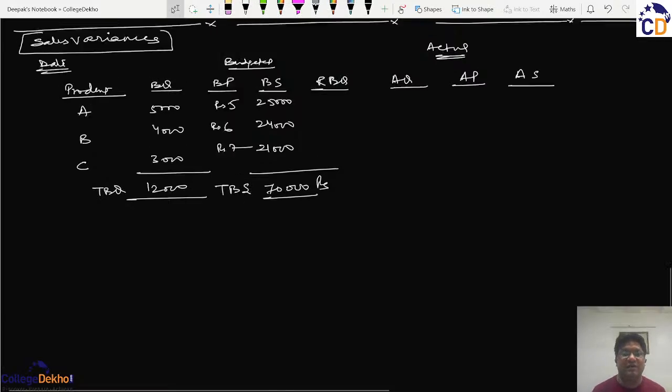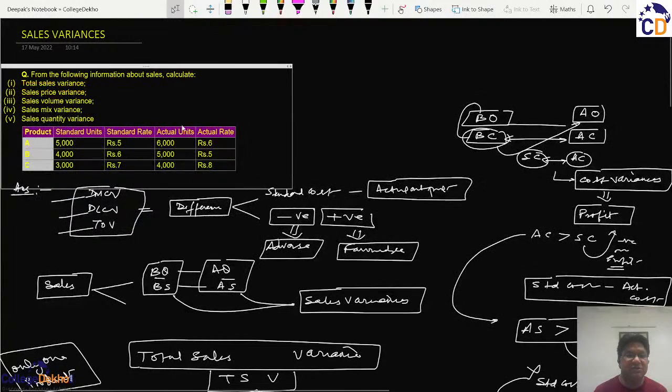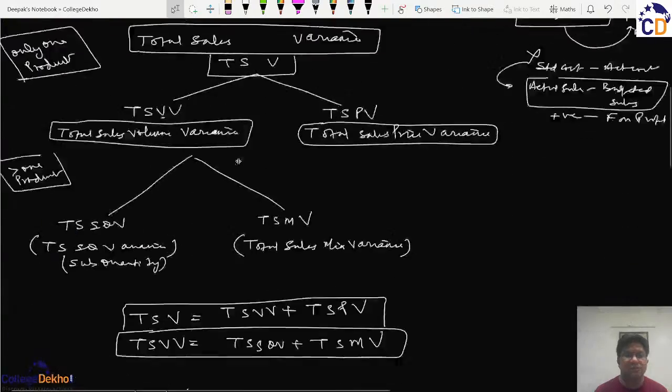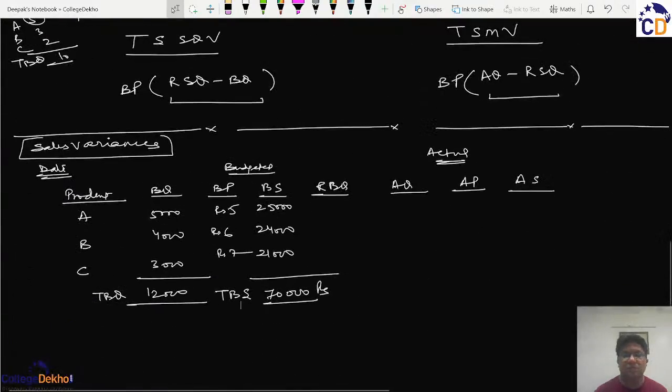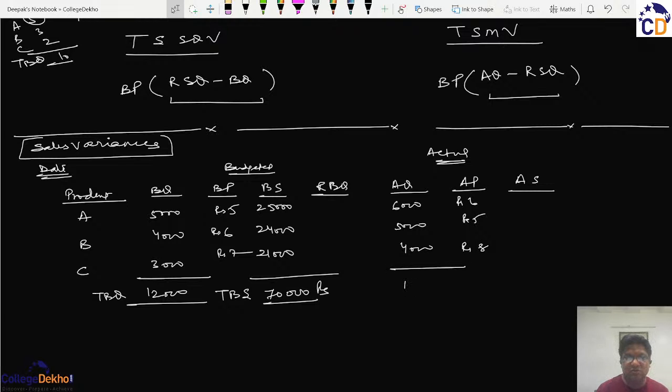Now we will arrive at the actual quantity. The actual quantity is 6,000, 5,000 and 4,000, at the rate of rupees 6, rupees 5 and rupees 8. So this shows the total actual quantity, and multiplying gives 36,000, 25,000, and 32,000.